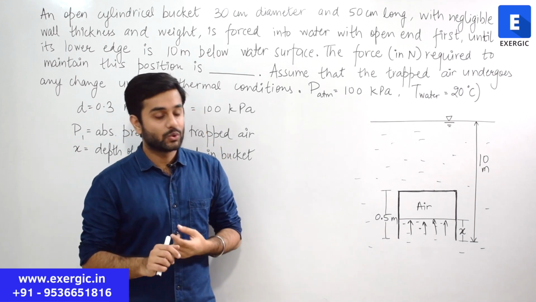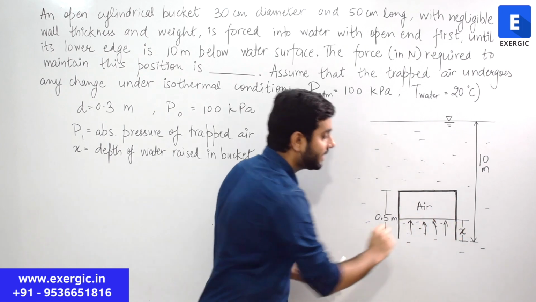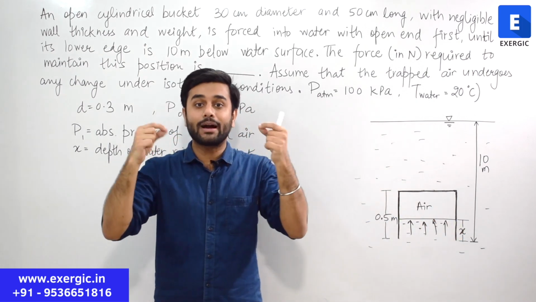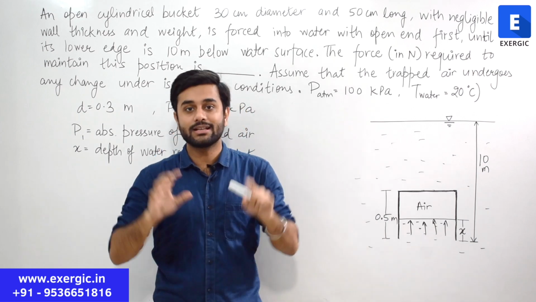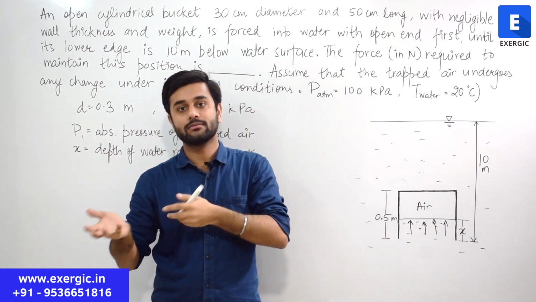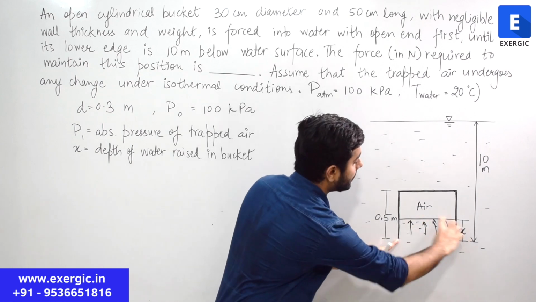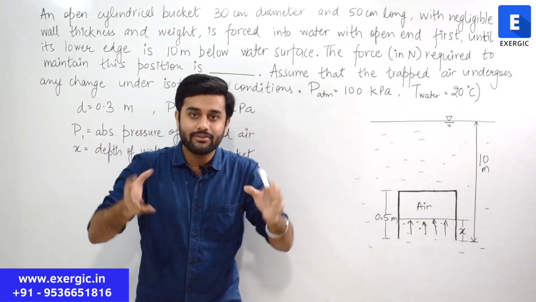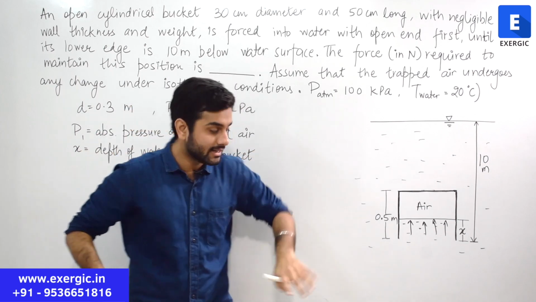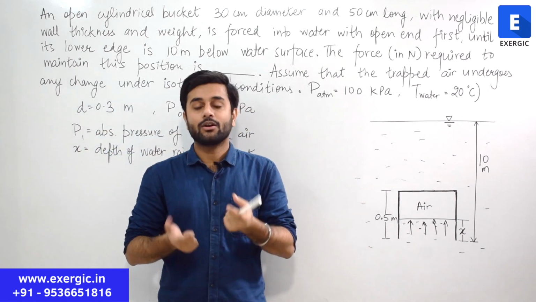Why? Look, if you consider this lower part, how much is the weight of it? The weight of the lower part is equal to the weight of water itself, right? It is water displacing water. If you consider this whole part as a mass, then the lower part is filled with water only. So it is effectively water which is displacing the water. The downward force is the weight of that water.